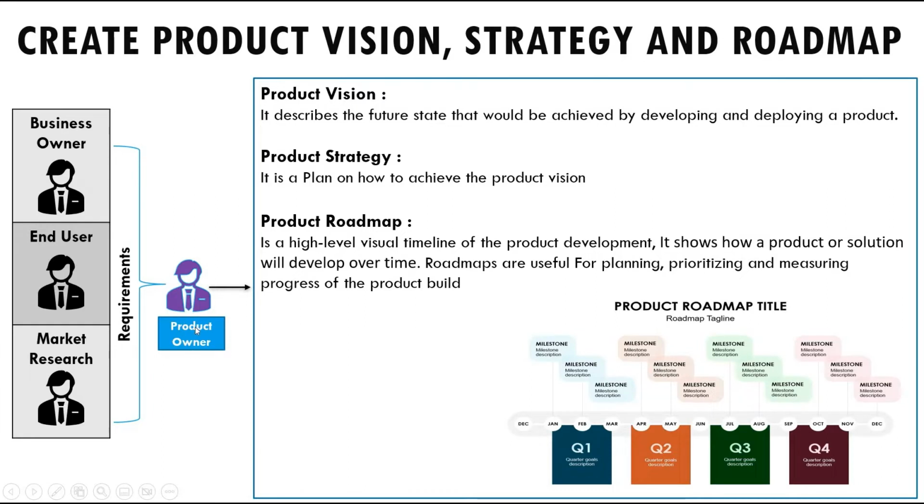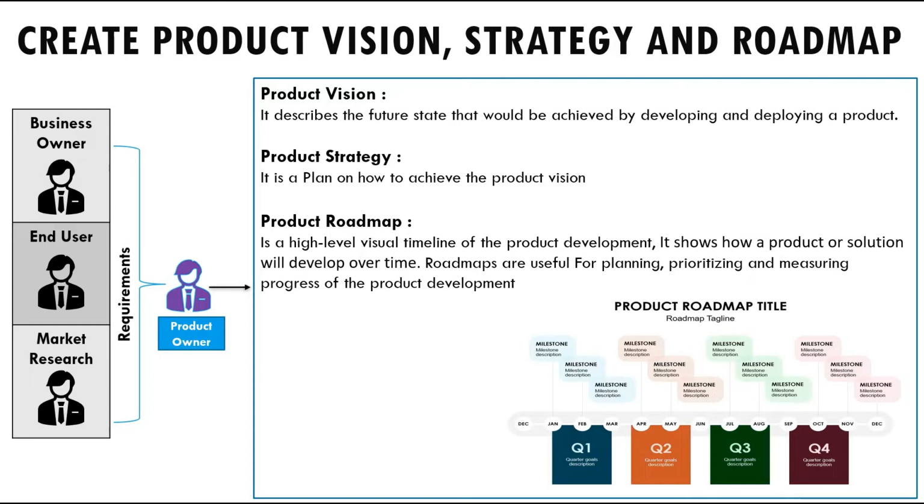Based on the requirement, the product owner will create a product vision. Product vision describes the future state that would be achieved by developing and deploying the product. Then he creates a product strategy. Product strategy is a plan on how to achieve the product vision.